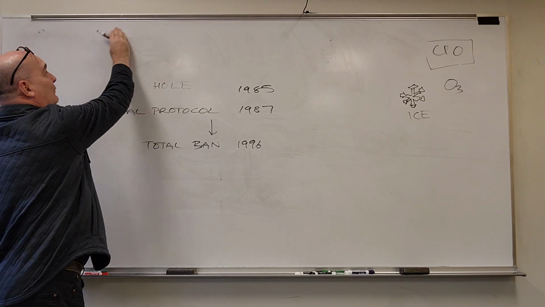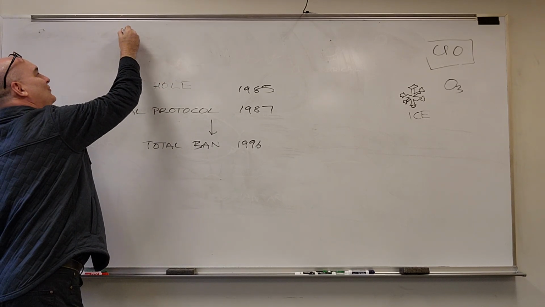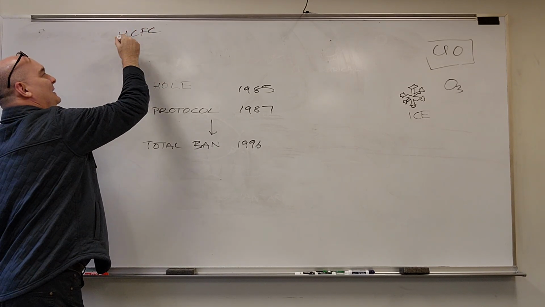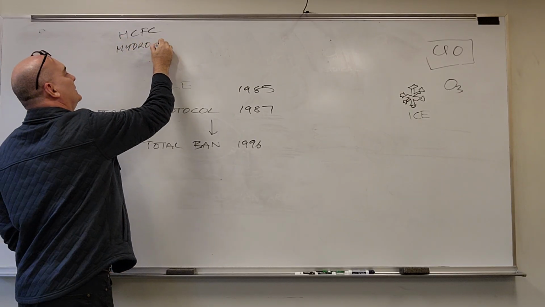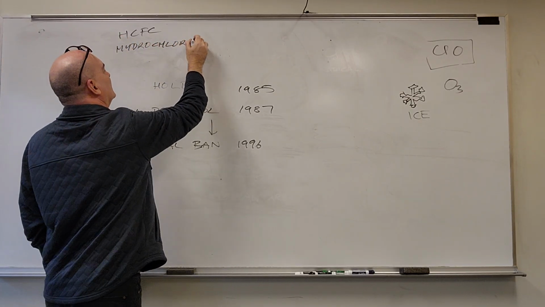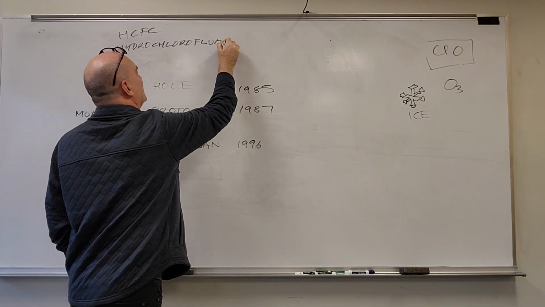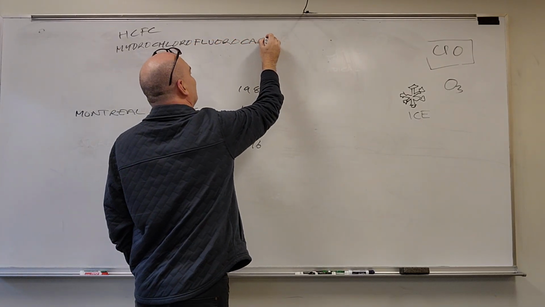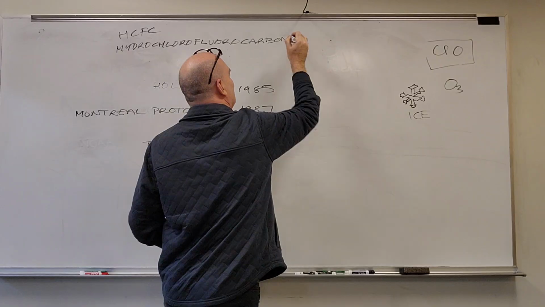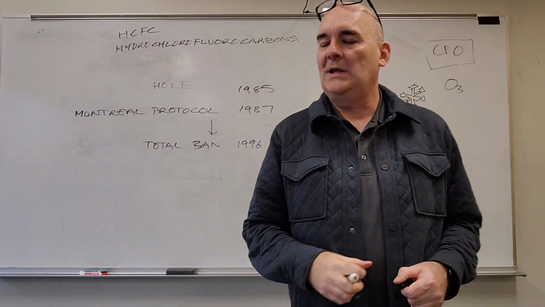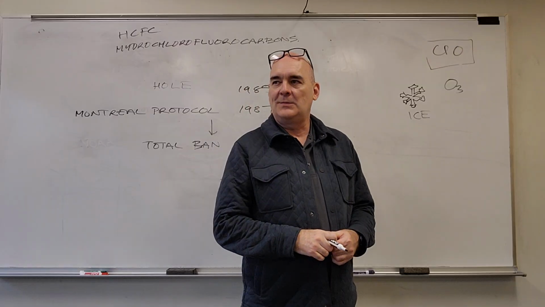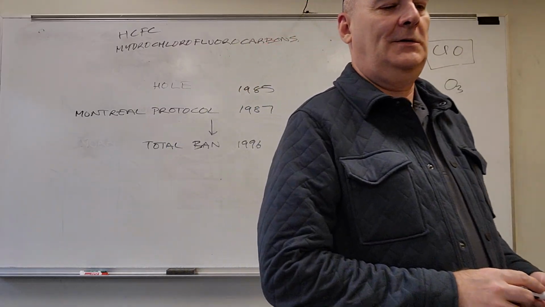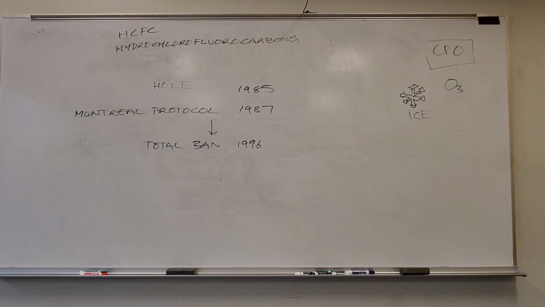So there's a follow-on agreement that takes the HCFCs, hydrochlorofluorocarbons. These weren't deemed important enough to be in the first 100 molecules that needed to be banned, but they were in a subsequent treaty.